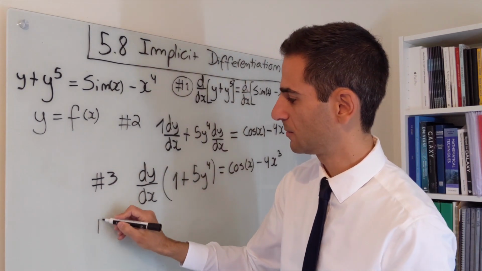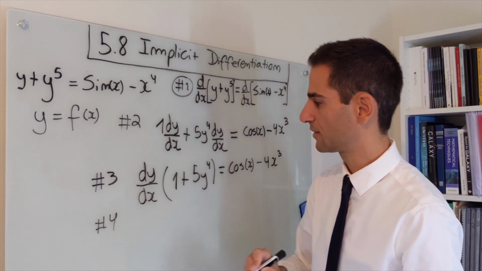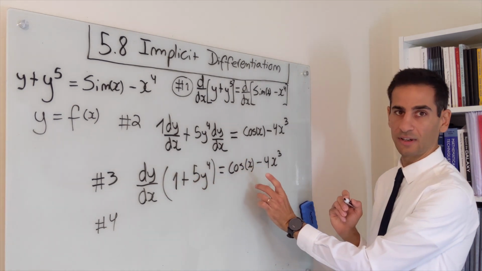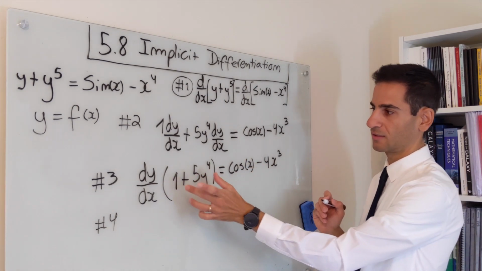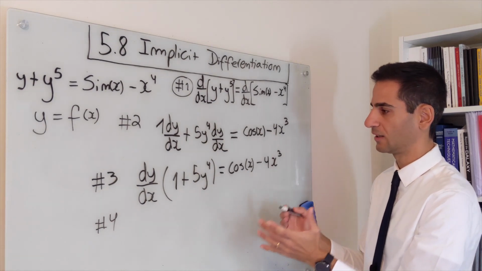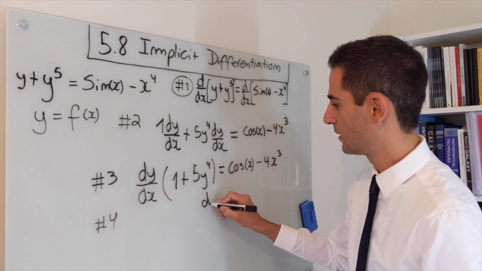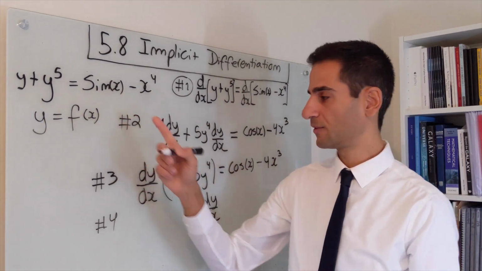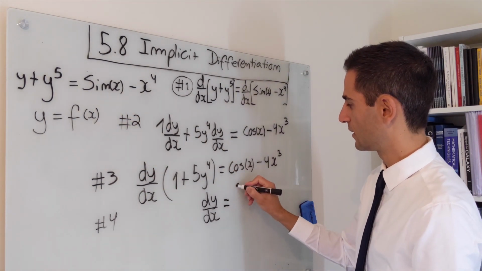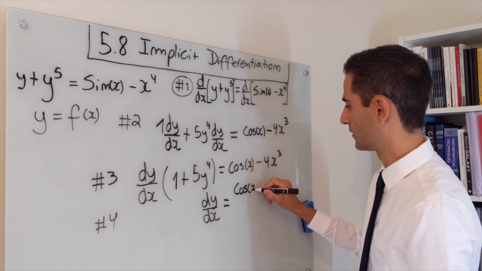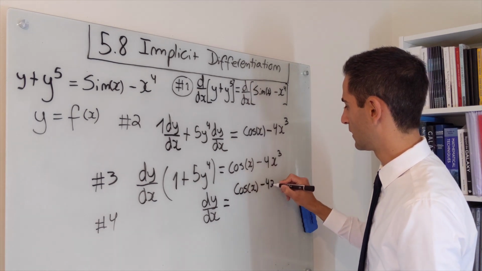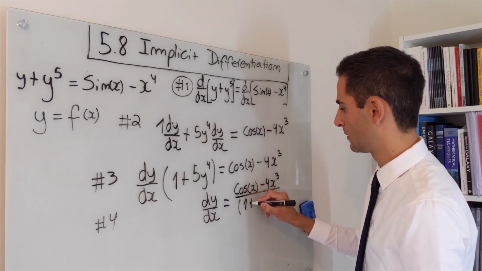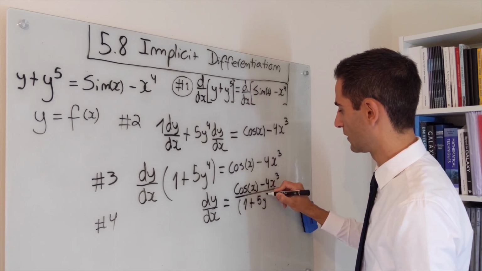This will be our final step, which is take this and divide by the other side so that we can finally get dy dx. So this means that dy dx for this implicit function is given as cos of x minus 4x to the power of 3 divided by 1 plus 5y to the power of 4.